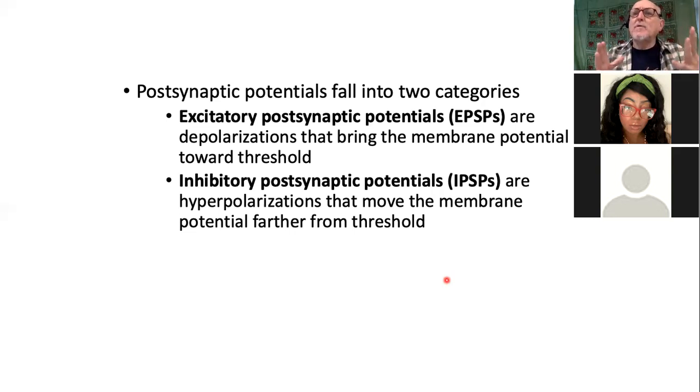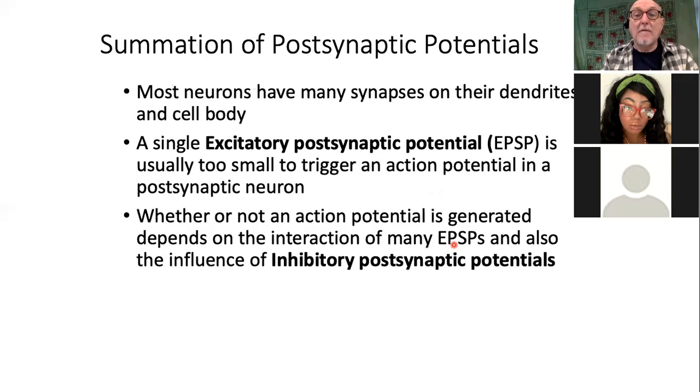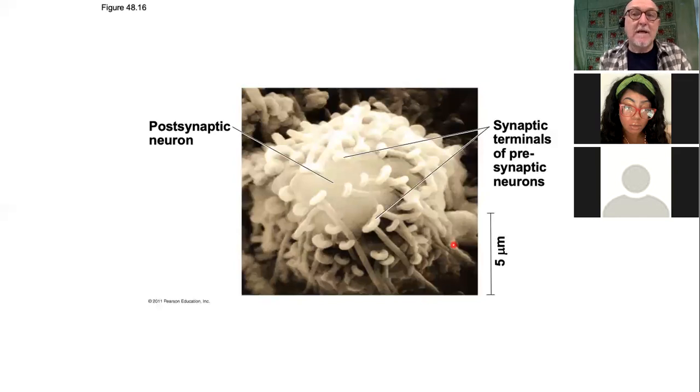Why do that? The answer is, of course, control. It's control, and it also allows a nerve cell, a cell body, to integrate information from many different sources. Let me just show you quickly here.